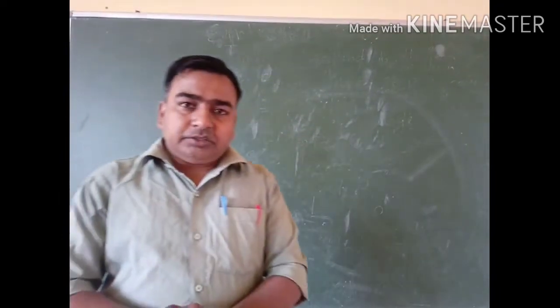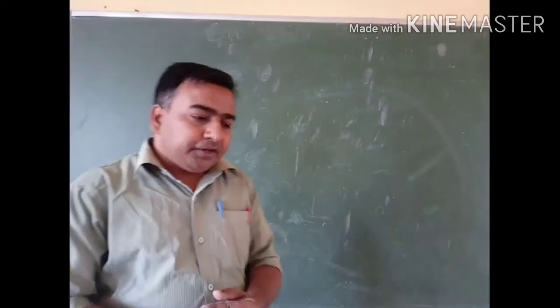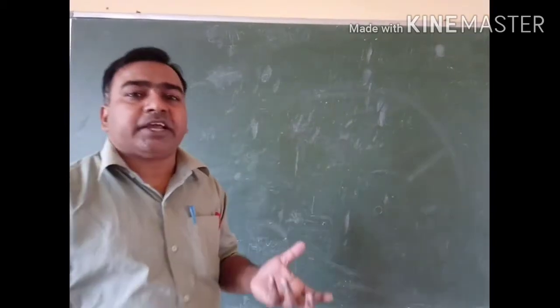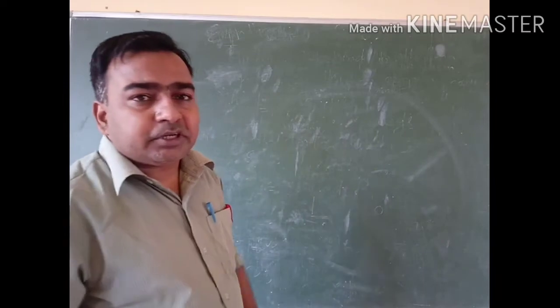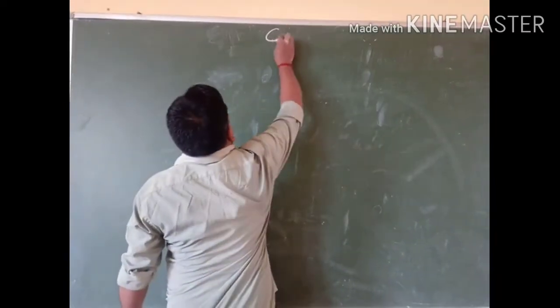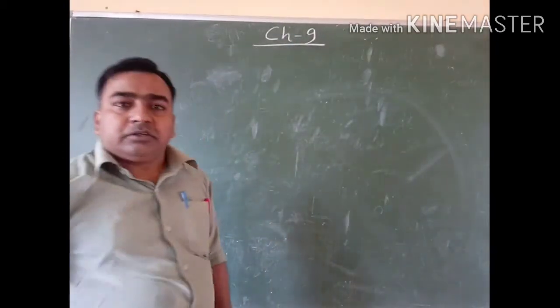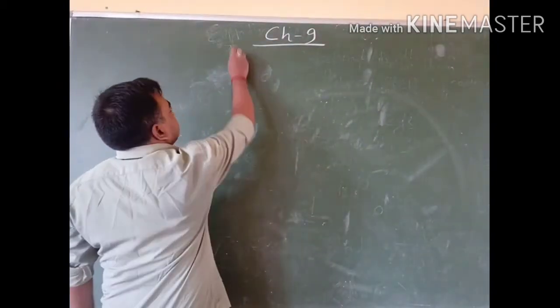I am present here with chapter number 9 of mathematics. Already you know that this is the second part of this chapter number 9. And the title of this chapter is Rounding Numbers.